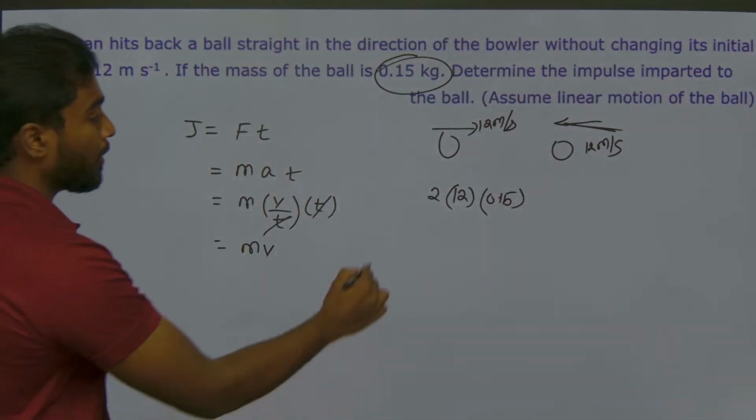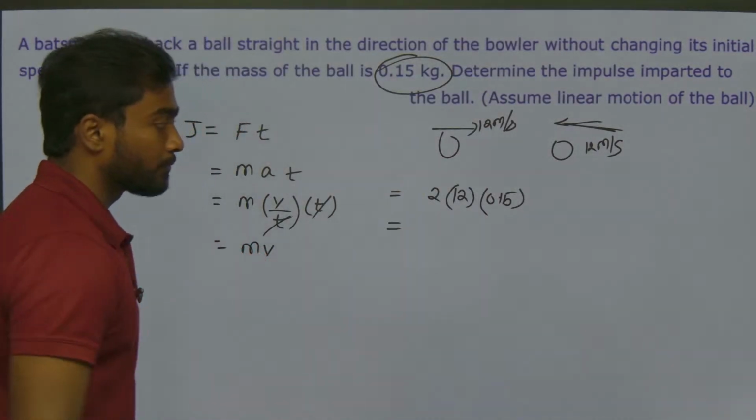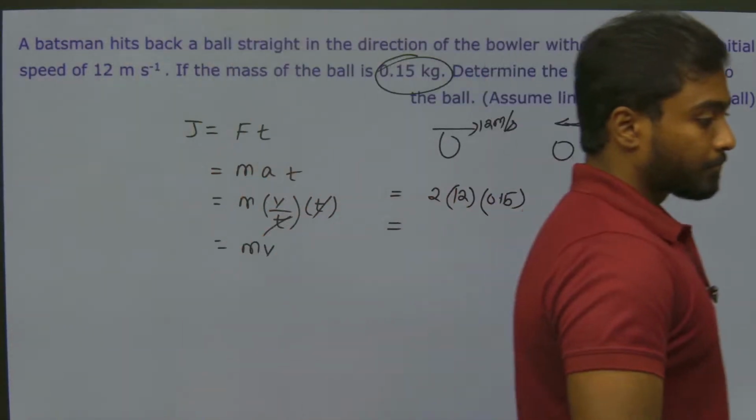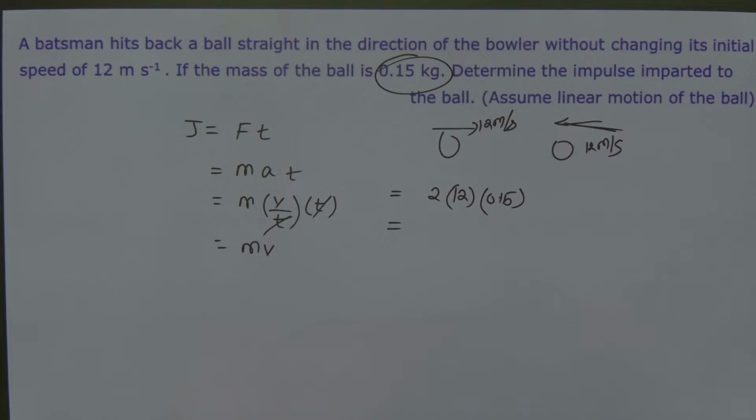So the answer will be 0.15 into 12 into 2, which is 3.6. Do it fast.